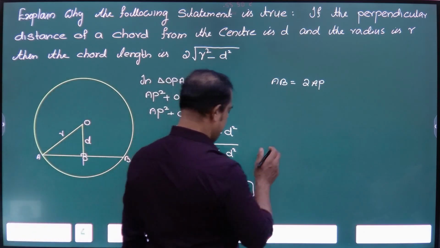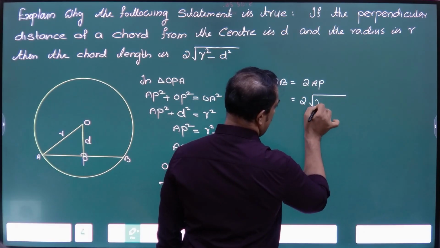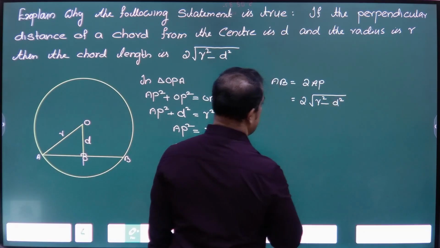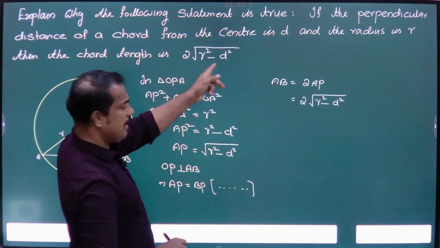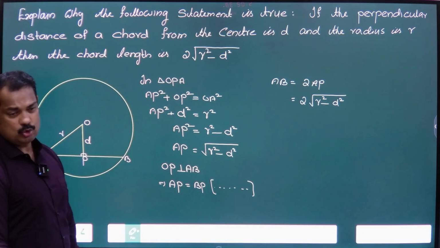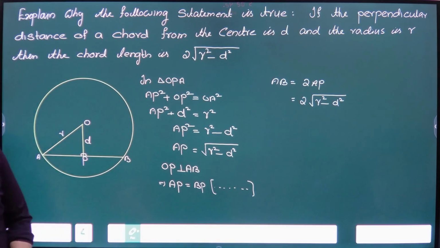What is AP? 2 into AP की value under root R square minus D square. Therefore length of the chord is 2 into under root R square minus D square. So this statement is true or false? True. Right on.